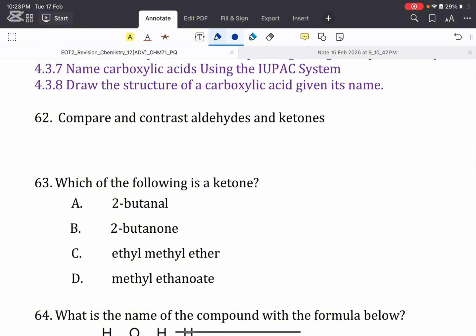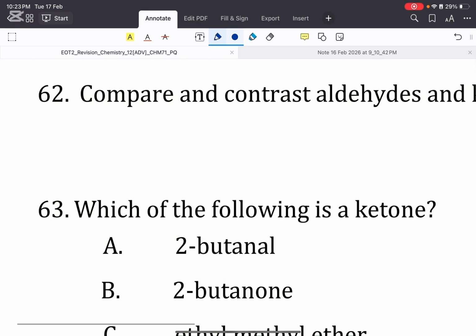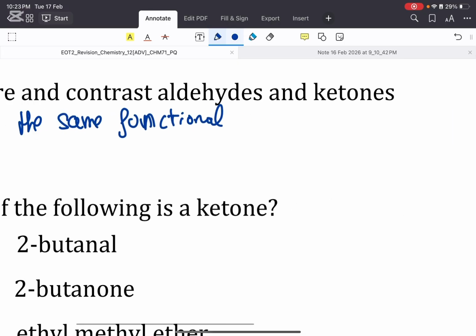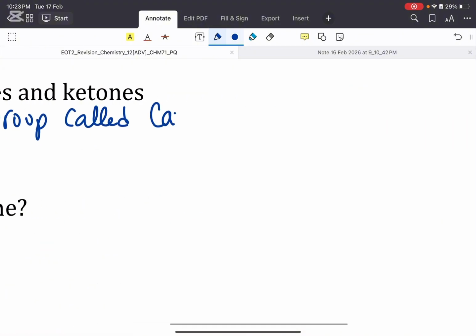So let's begin. Compare and contrast aldehyde and ketones. Aldehyde and ketones both have the same functional group, called carbonyl, and it looks like this.